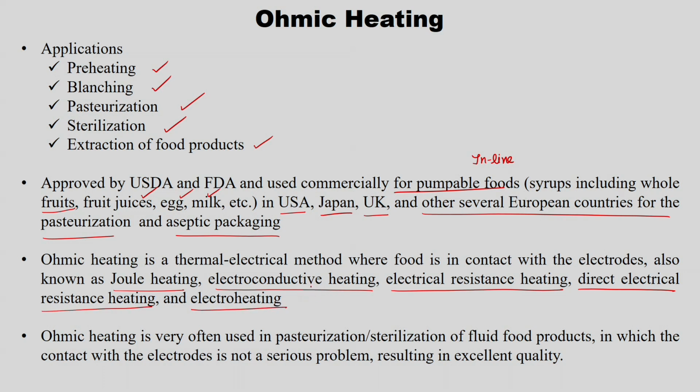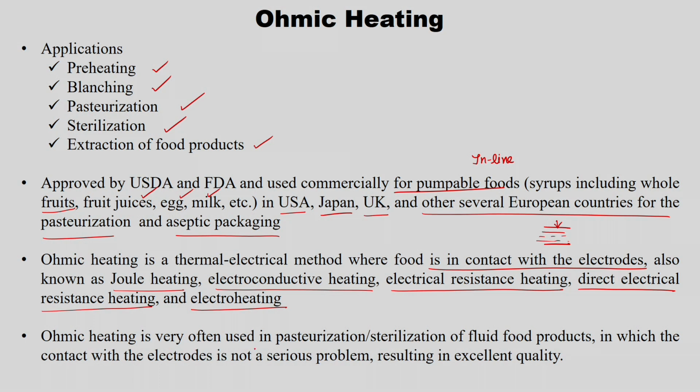So, all names mean the same, ohmic heating. Remember here there are two electrodes. The voltage is applied across the electrodes, and the liquid food which has to be heated passes between the two electrodes. So, that is where it is said to be in contact with the electrodes.